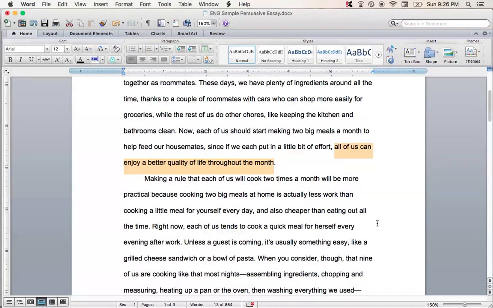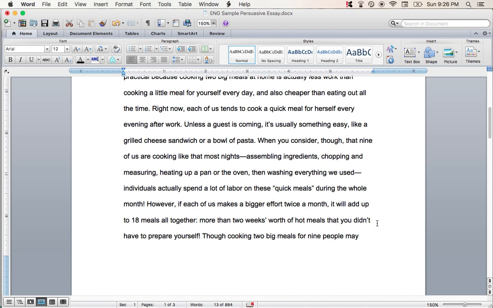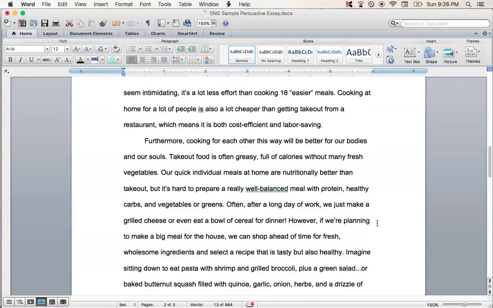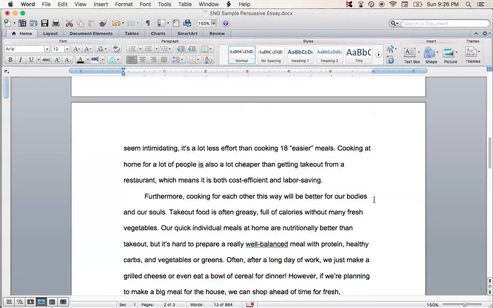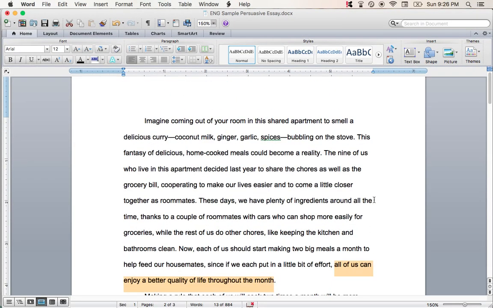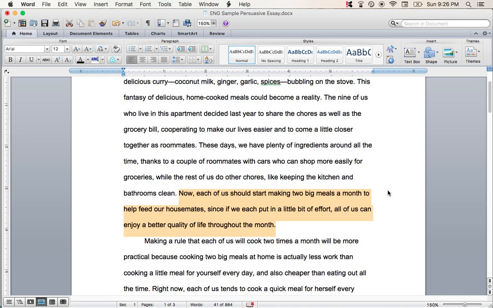All right? So, I think you can see from looking at this essay again how the first three paragraphs are fitting together, right? Everything is built around the thesis statement. This one sentence is what you want your reader to agree with by the time they finish reading your essay.